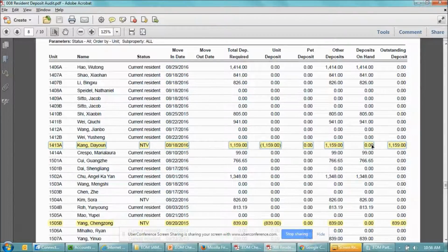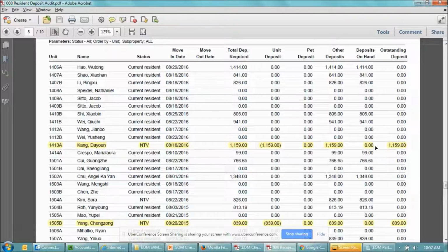So you also could have a situation where the deposit on hand is $1,000, but there's no required deposit. What that would mean is he paid an amount. We just hadn't put in a deposit charge for that payment. So easy fix for that one.